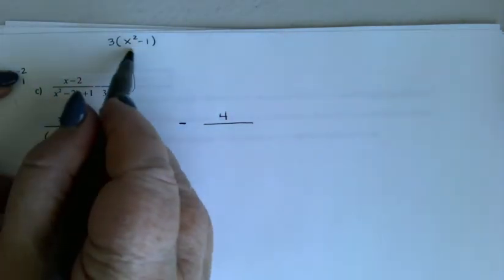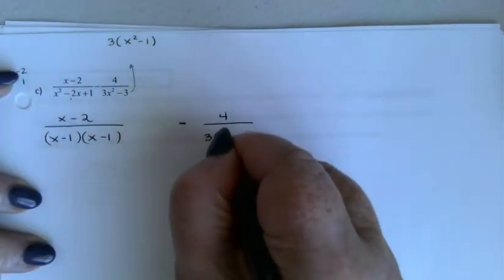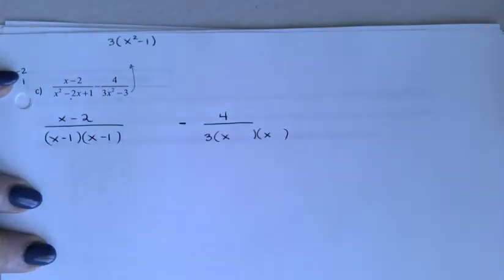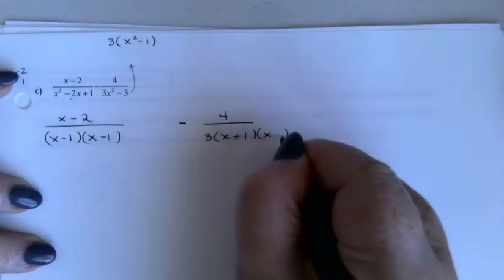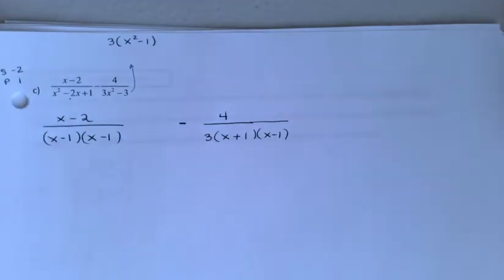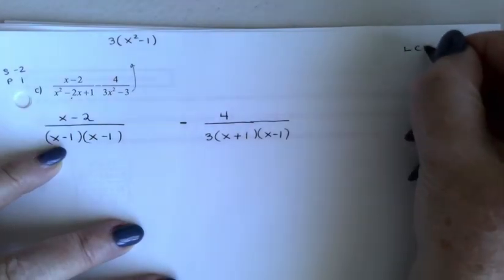But that's now a difference of squares. So I'm going to say 3 times x squared is x times x. Negative 1 is plus 1 times minus 1. All right, so there's my factored denominators, and I'm ready to identify my LCD.